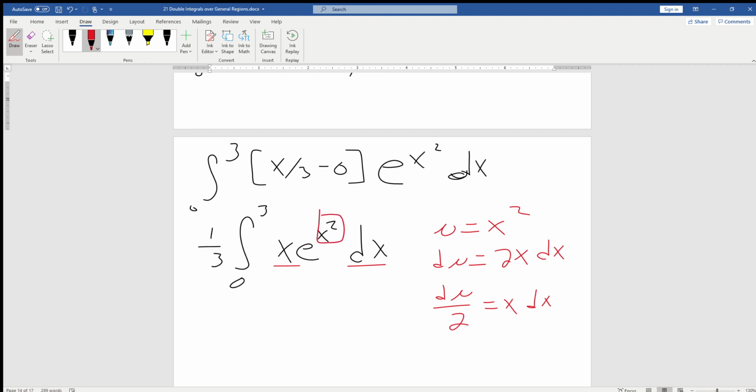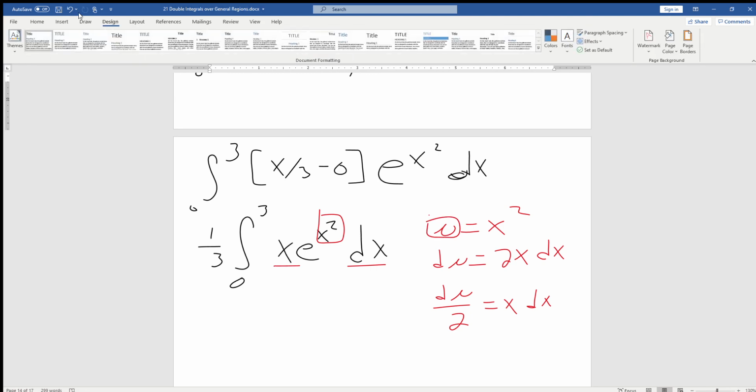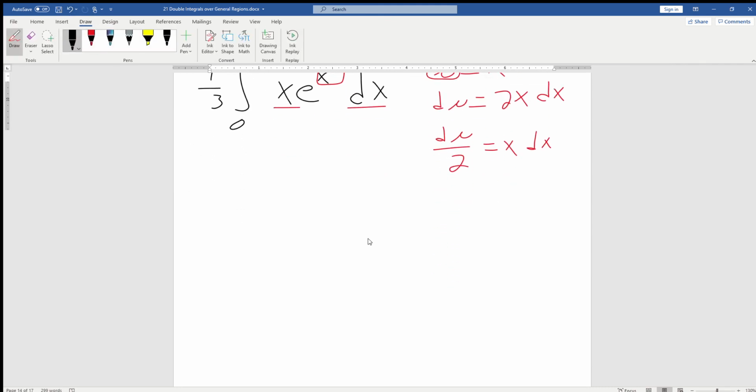Wherever we see x squared, we're going to replace that with u. So our new integral, solely in terms of u, not in terms of x, is going to be 1/3 integral not from 0 to 3, from a to b. Instead of x dx, du over 2. Instead of e to the x squared, e to the u.